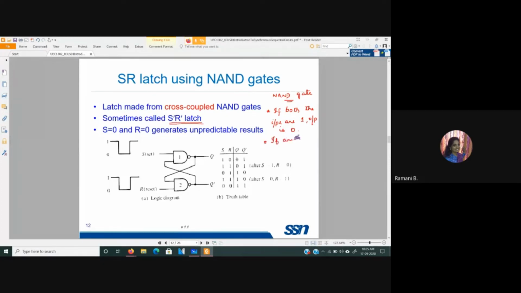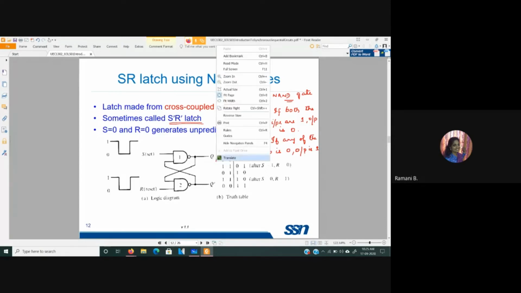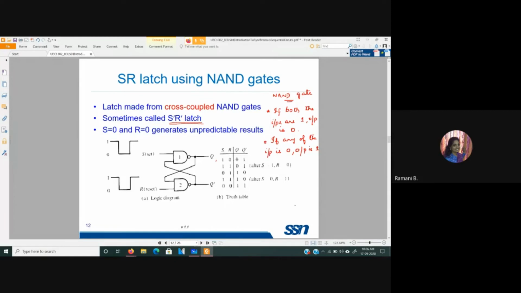If any of the inputs is 0, the output is 1. So everywhere before analyzing, you need to have this in mind. Only then you will be able to analyze this. Okay. So when S is equal to 1 and R is equal to 0, let us consider the first case.